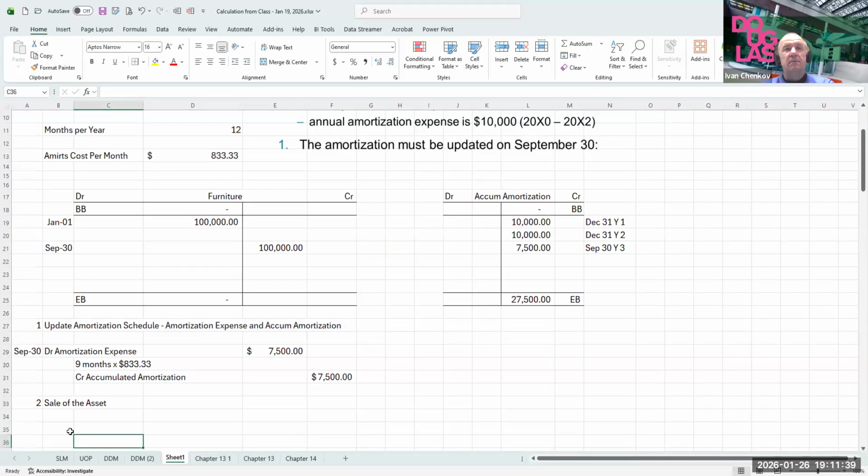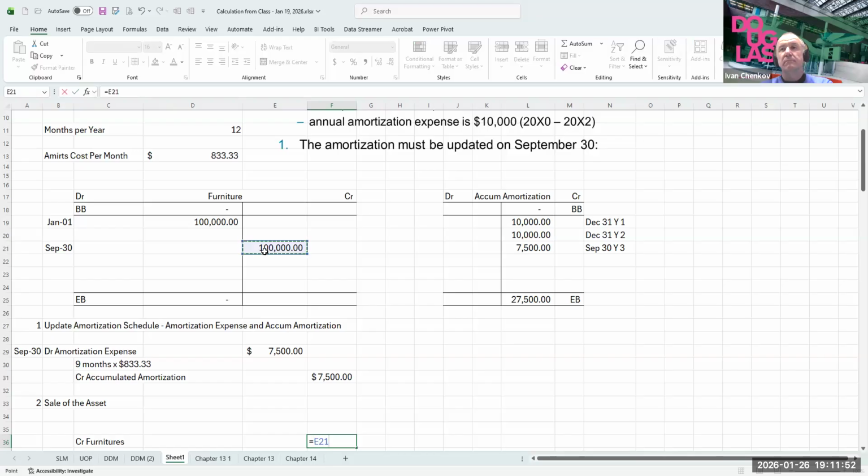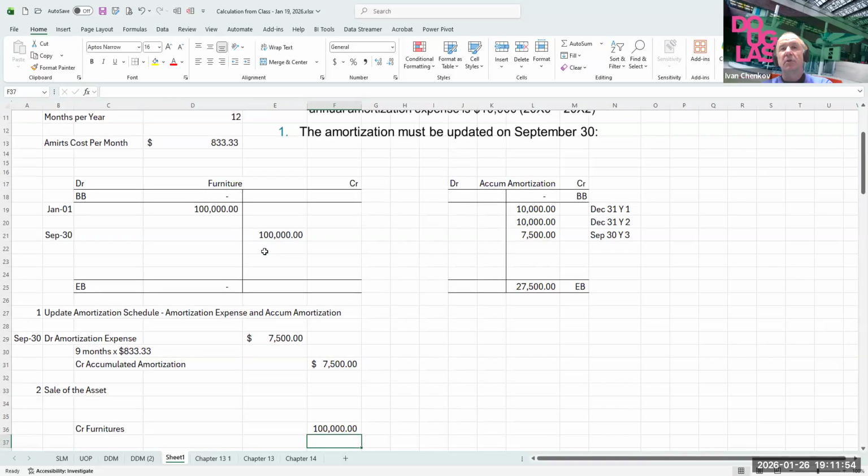So let's start. Credit furnitures, and the furniture's credit will be $100,000. Gone. If the furnitures are gone, accumulated amortization, which is related to the furnitures, also has to disappear. This balance has to come to 0.